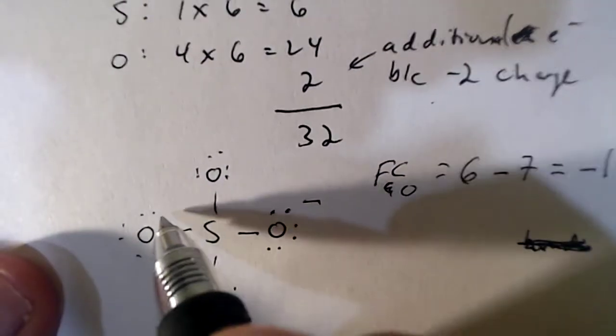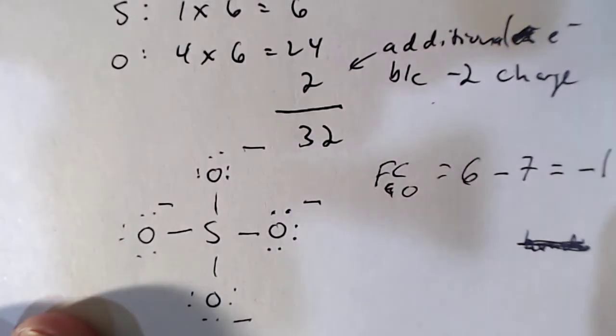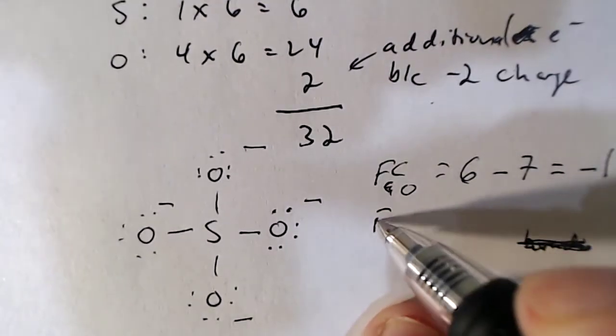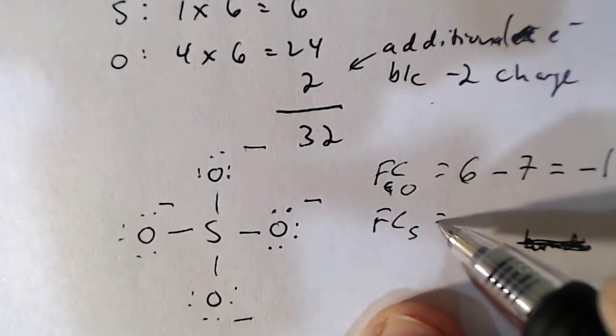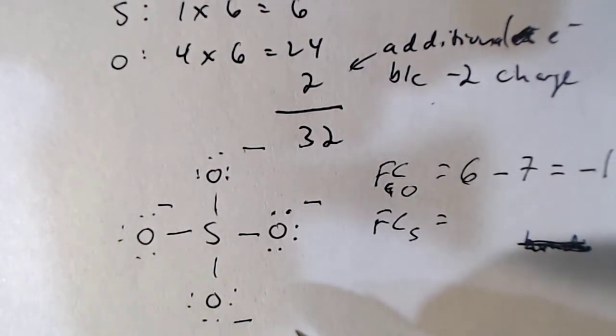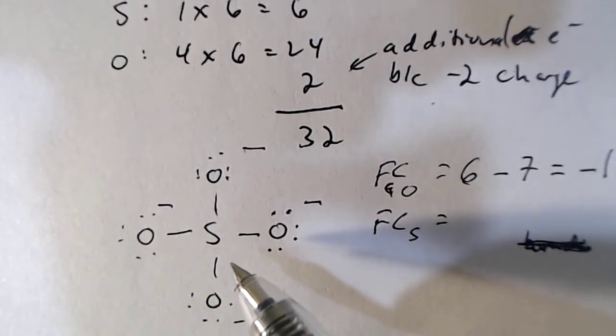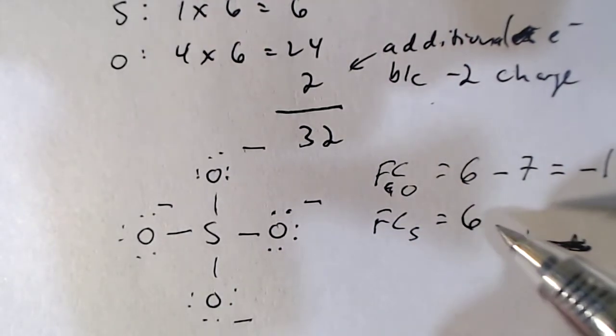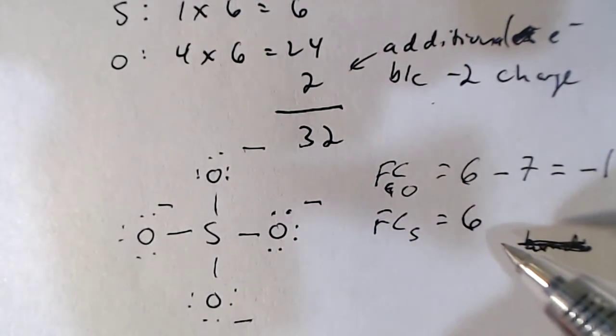Ditto for this oxygen, and this one, and this one. But additionally, this sulfur also has a formal charge. Normally, sulfur is in group 6A, so it should start with 6 valence electrons.